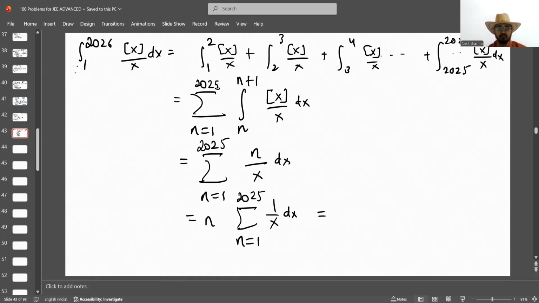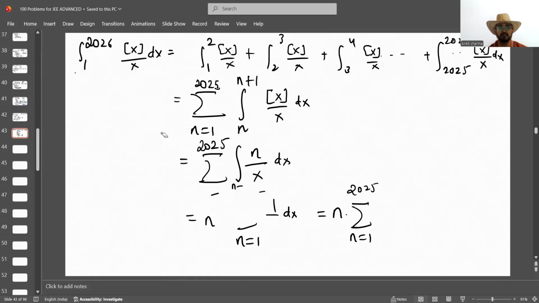So now this integration would be n times, and then this is ln x, basically. So sigma n is equal to 1 to 2025. It will be still like this only, because though I have written n to n plus 1, the matter is not yet over.